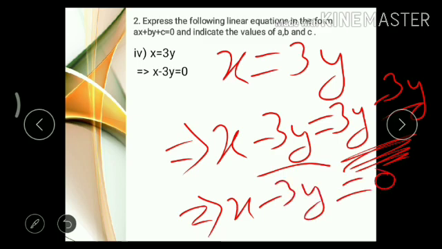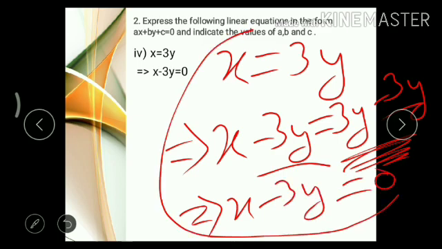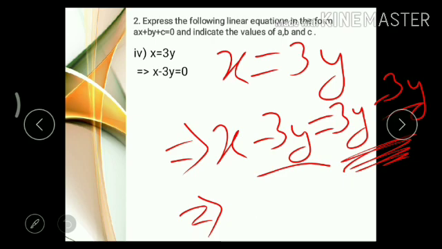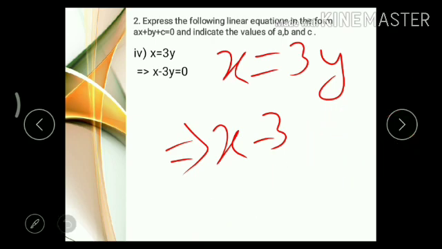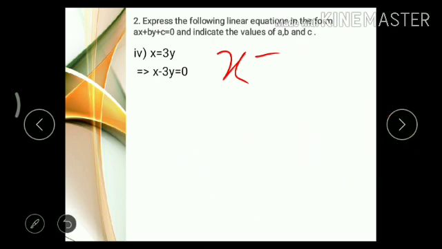So to make it simpler, I used to say that if thrice y comes to this side, then we can write x minus 3y. It was positive, when it came this side it became negative. Okay, and now we have to compare, right? What was our general equation?